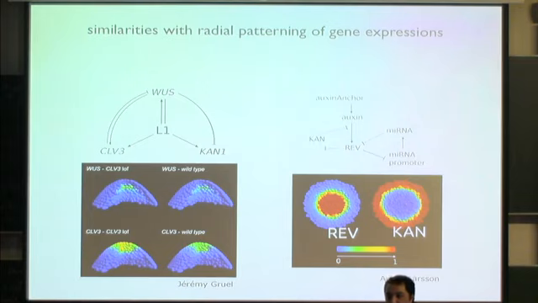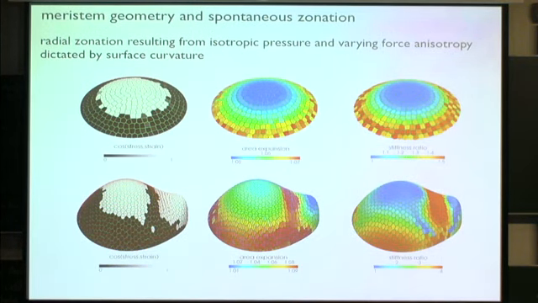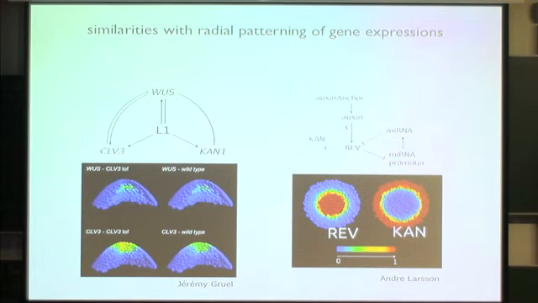I mean, it's very difficult to produce this kind of radial zonation out of nothing. So it suggests that we can use this kind of shape information that is reflected in the zonation properties of the stress and strain signals, and use it in these kinds of models.